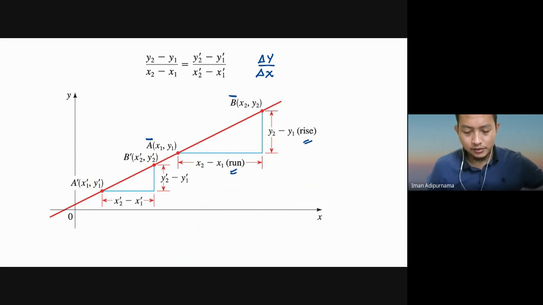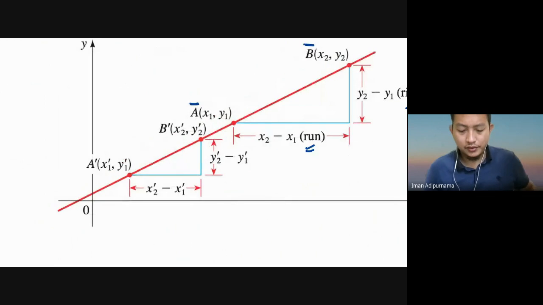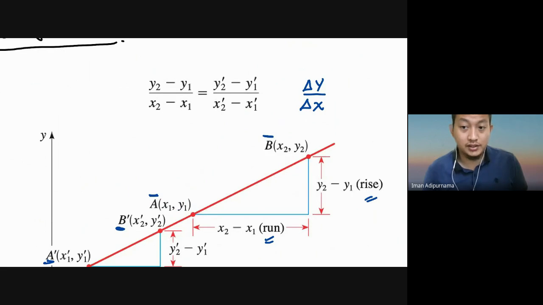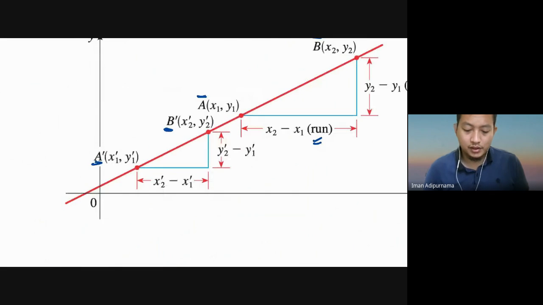And then you see another point, A prime, B prime. This is to compare with A and B. It's perfectly the same triangle, so you have the same slope, the same delta x, the same ratio of delta y over delta x.